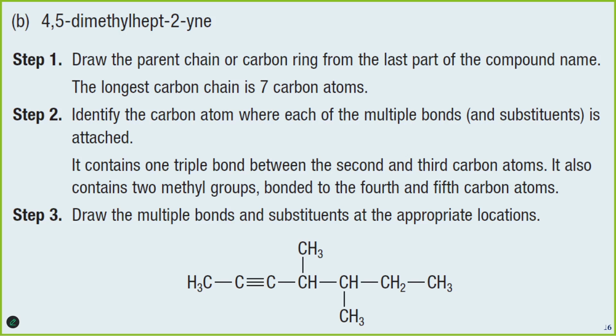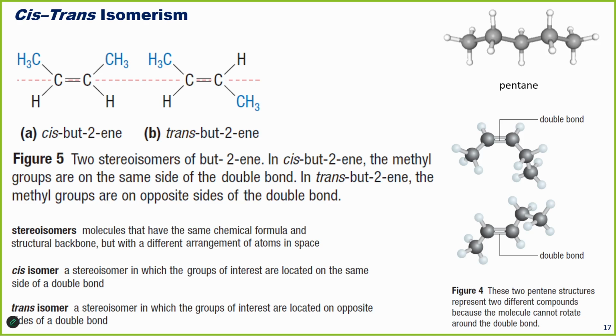No? Alright, next let's have a look at another concept which is called cis-trans isomerism. Well, if you used the molecular modeling kit to build isomers of pentane, which was discussed in the previous section, you probably noticed that you can rotate the carbon atoms around the single bond connecting each atom.